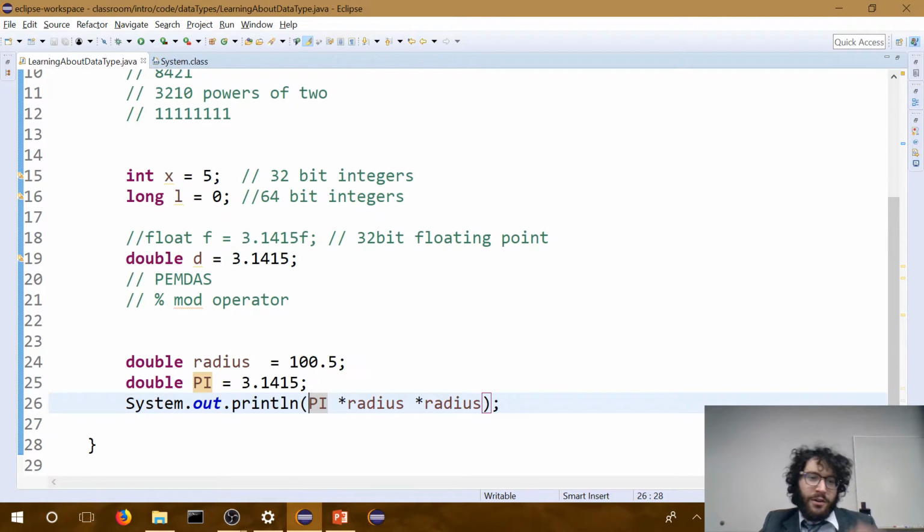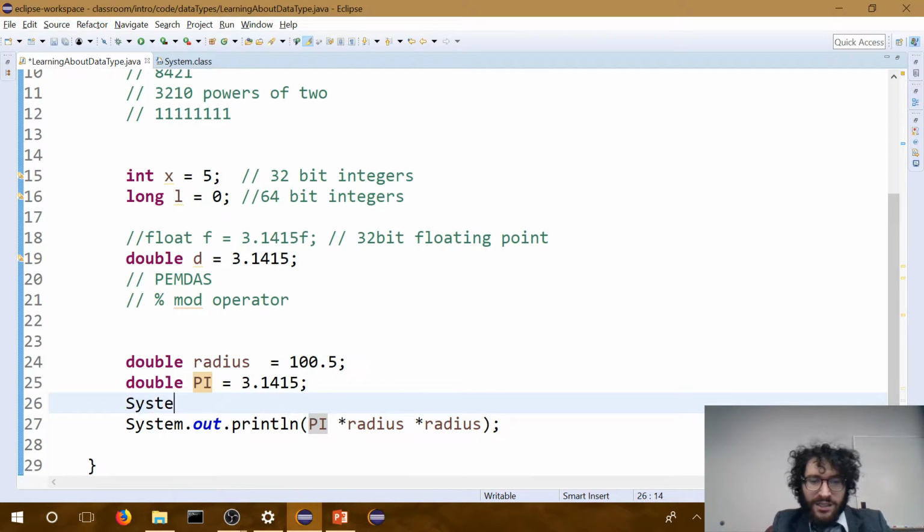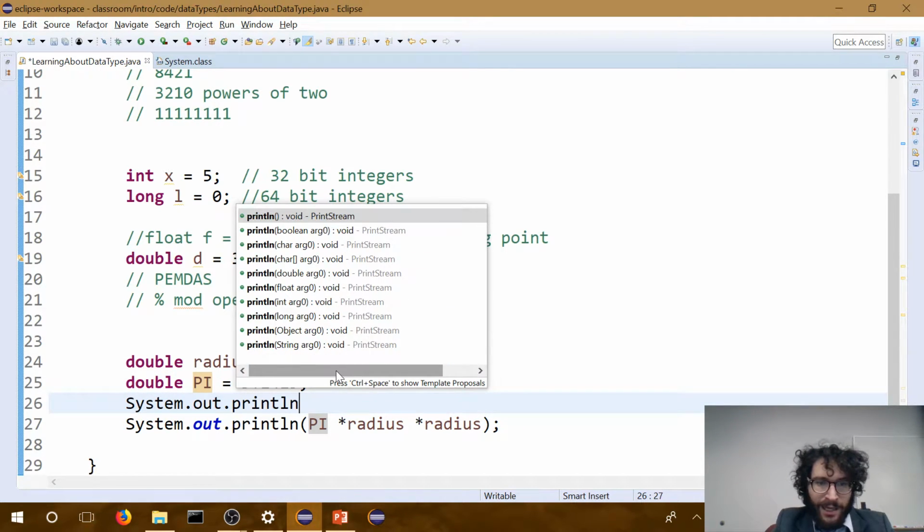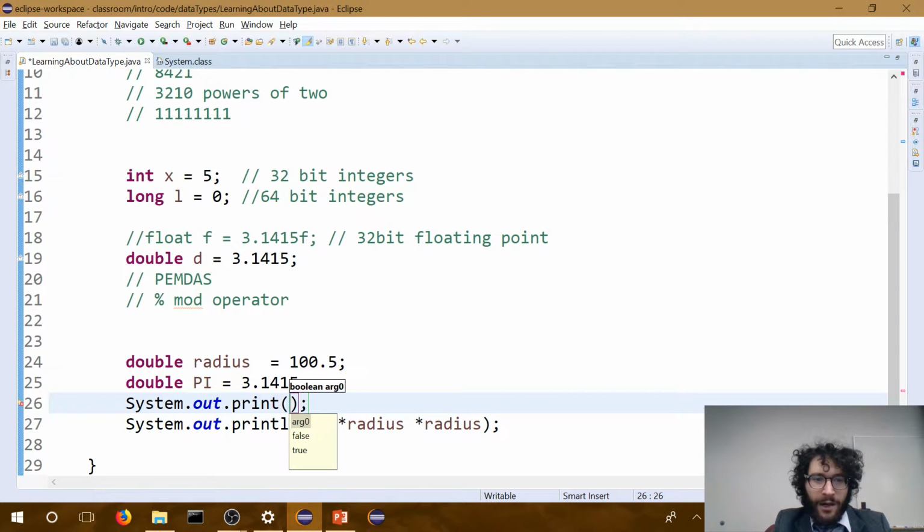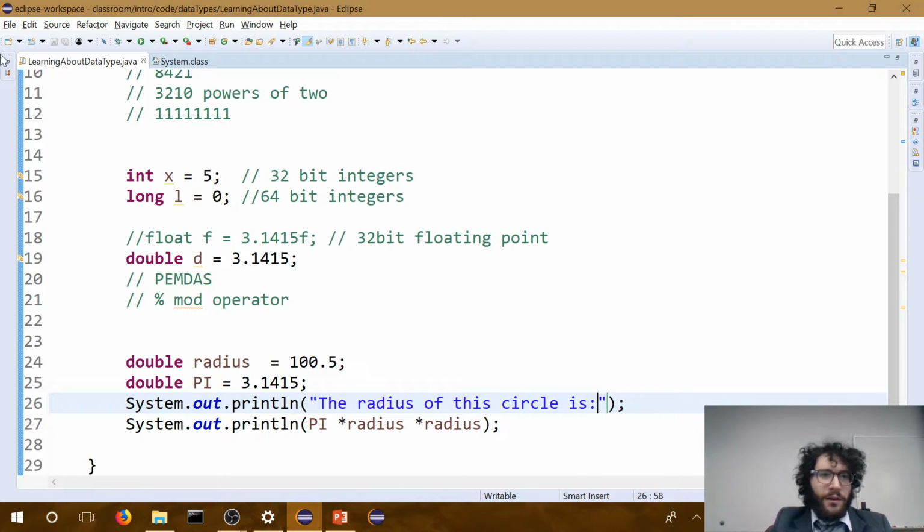So I could do something like this. One solution is System.out.println, let's go with print line first. I'll print some text before I print out that stuff.